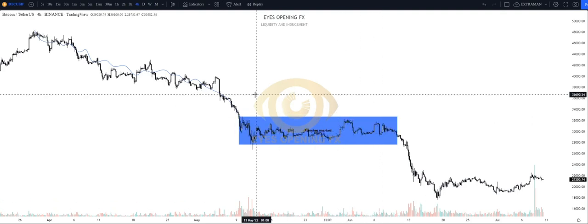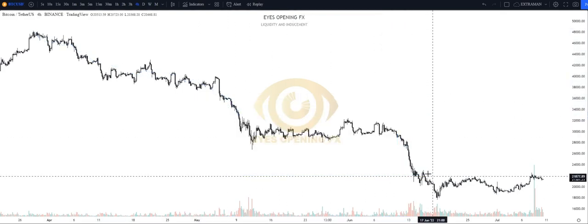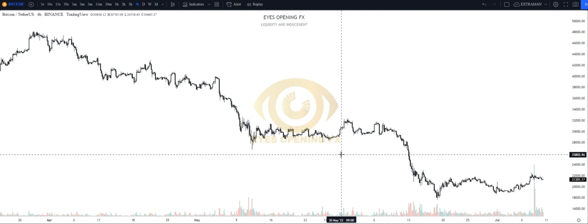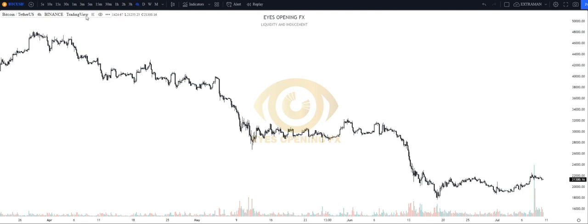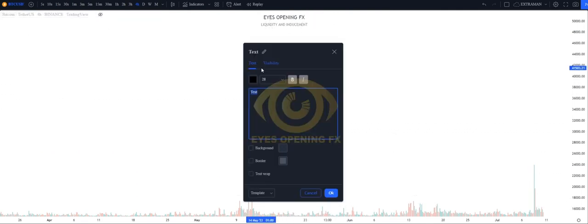The next topic we'll be talking about is what we call swing point. So what is a swing point?